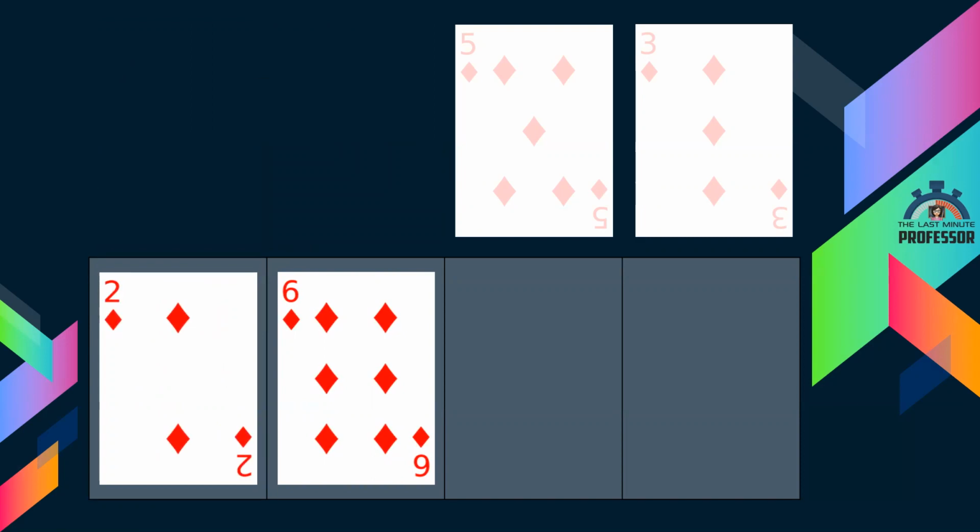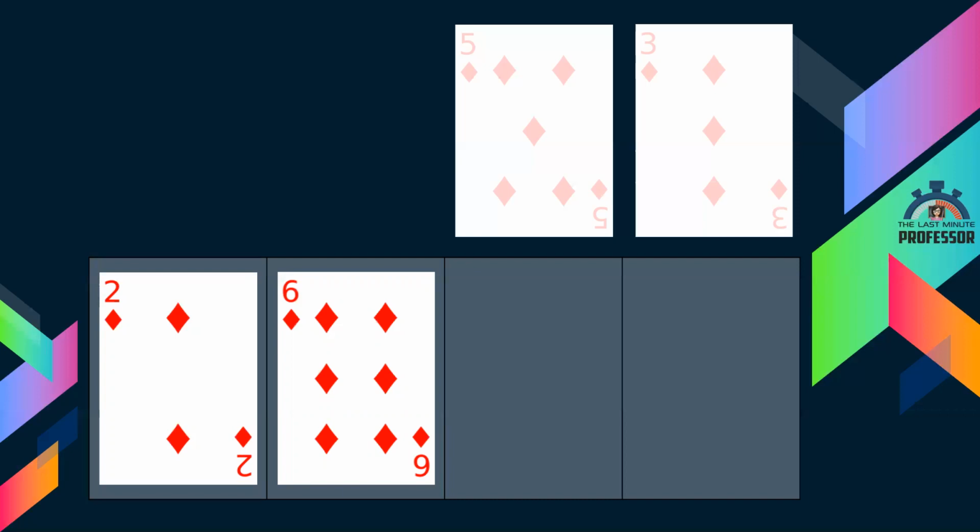You pick the next card 5. As you compare, if the picked card's value is less than the card in hand, copy the card to the next index. Usually we compare in reverse order. That is, we compare the picked card, here 5, first with 6, then with 2.